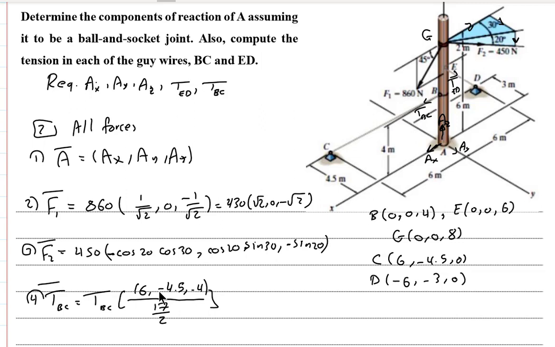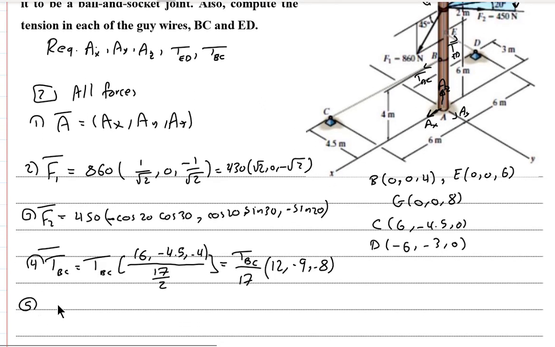To multiply by 2 here and write this simply in the form TBC over 17 multiplied by 12 and then minus 9 and then minus 8.